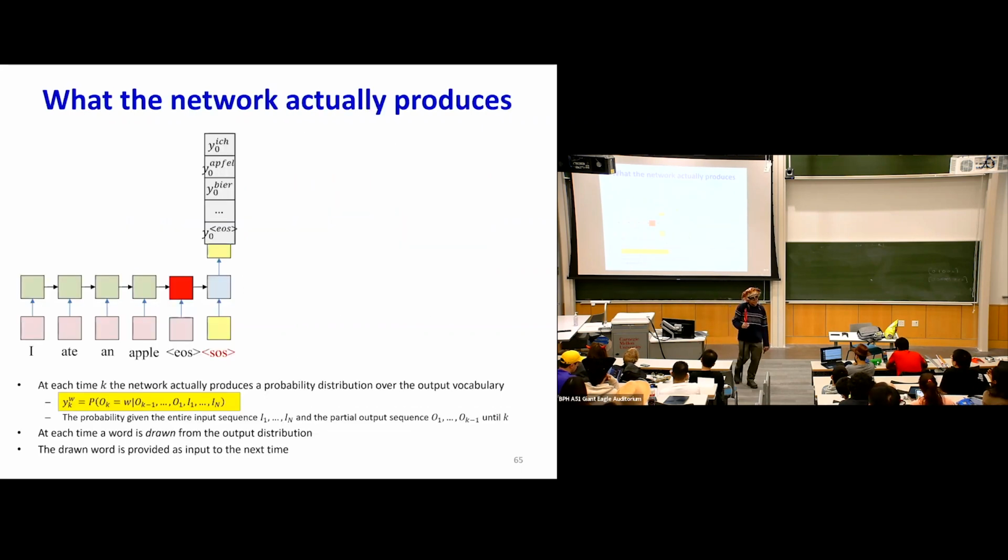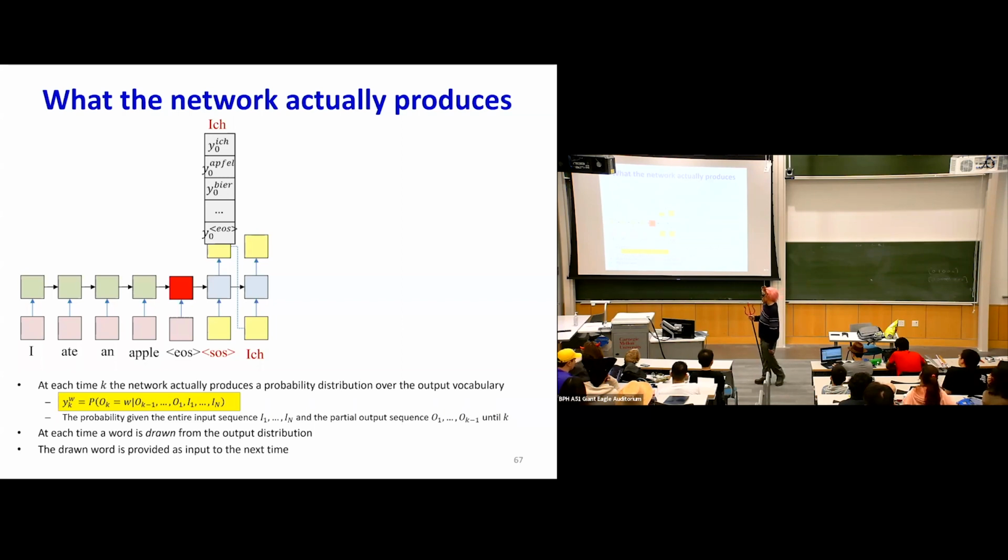So at each time, the network is outputting a probability distribution over the words given the entire input and all the previous words that have been generated, because they have been fed back to the network, correct? The word is drawn from this distribution, and this drawn word is what is fed to the next time.